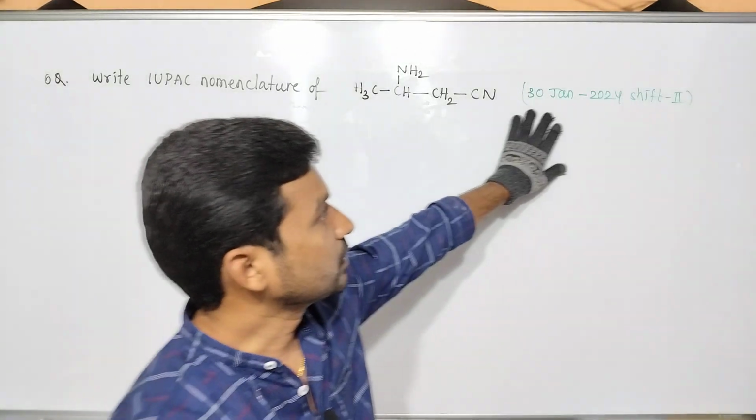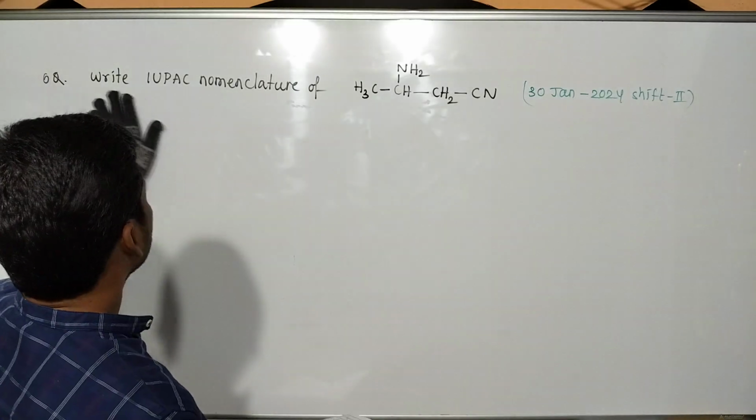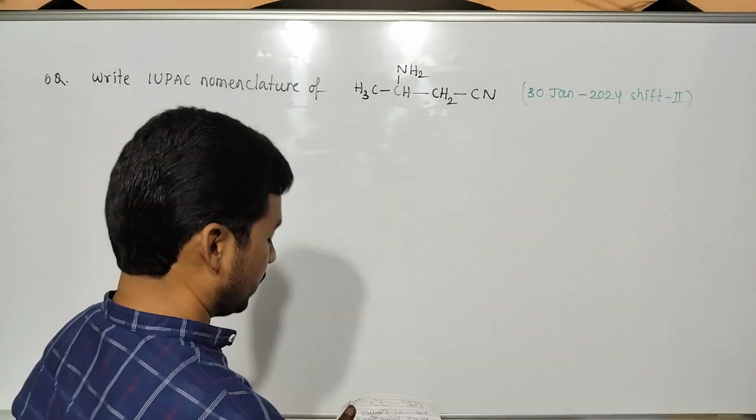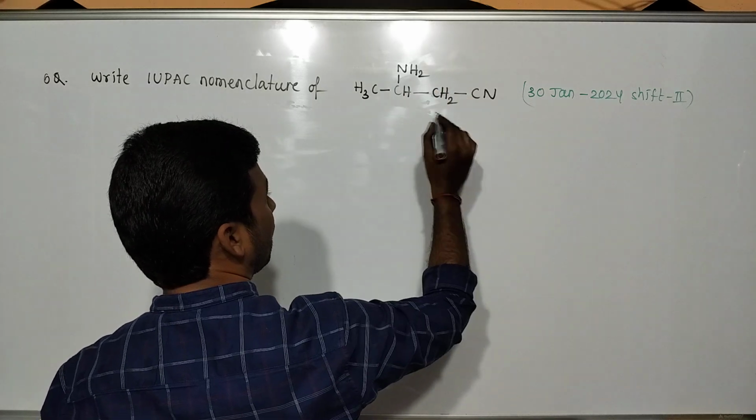Next question, which was asked on 30th January 2024, shift 2 JEE Mains. Write the IUPAC nomenclature of this molecule. So always the functional group cyanide has more priority than amino.